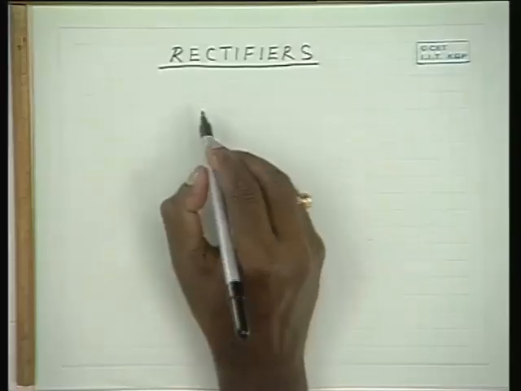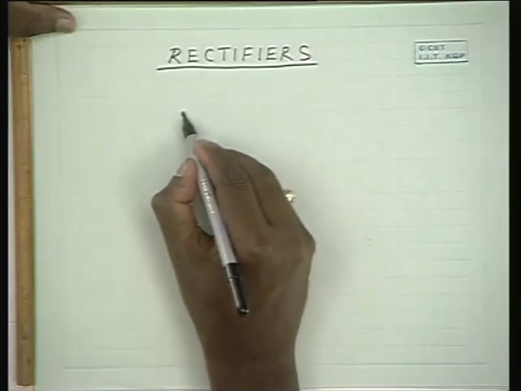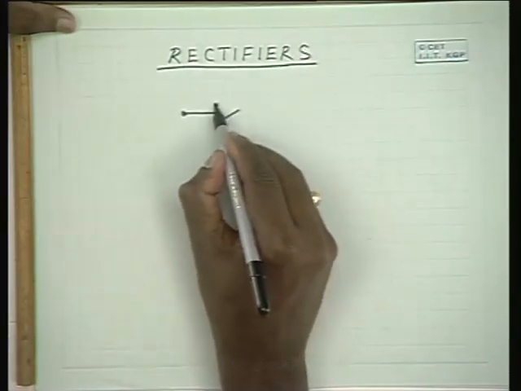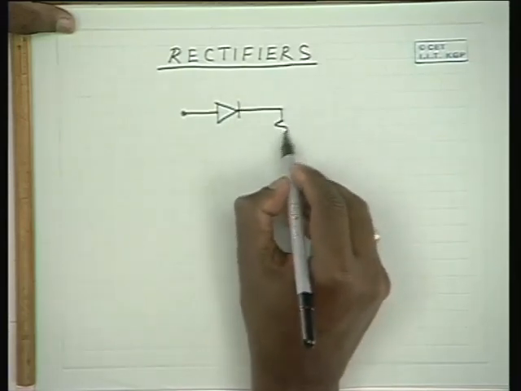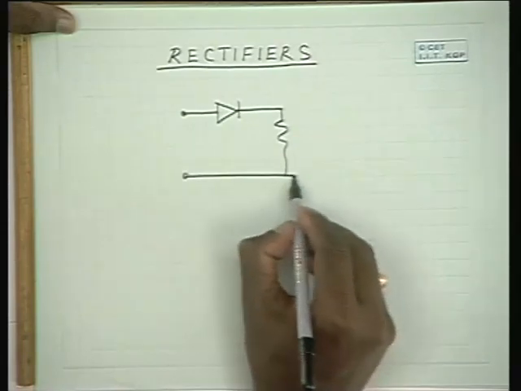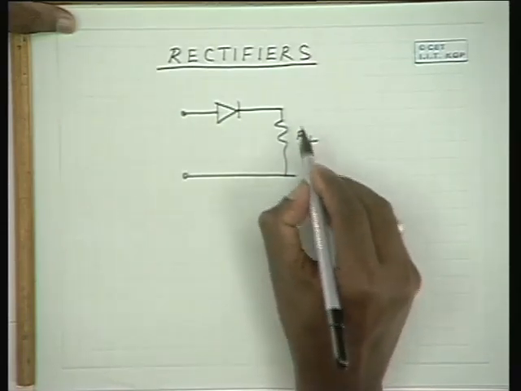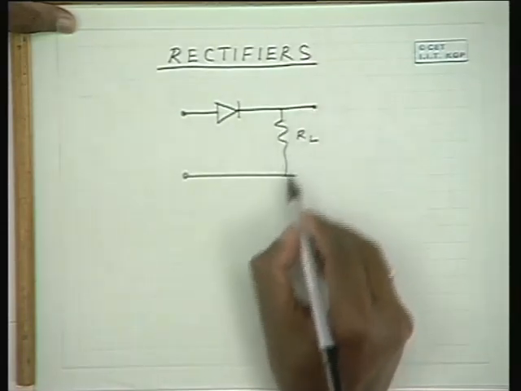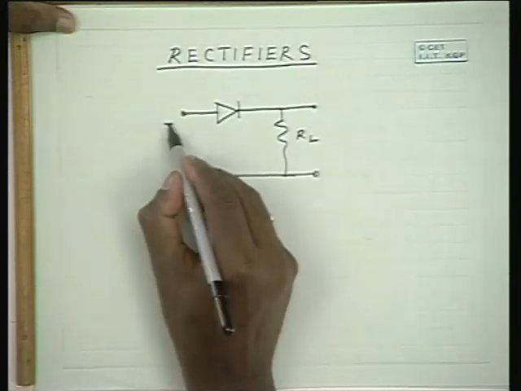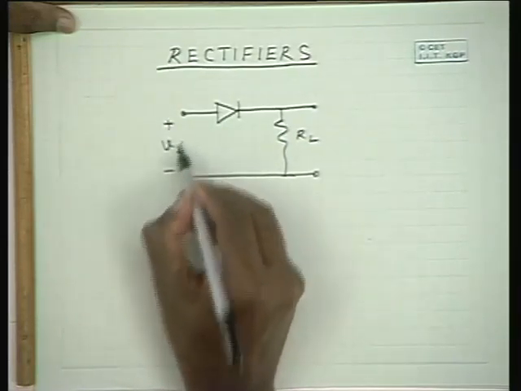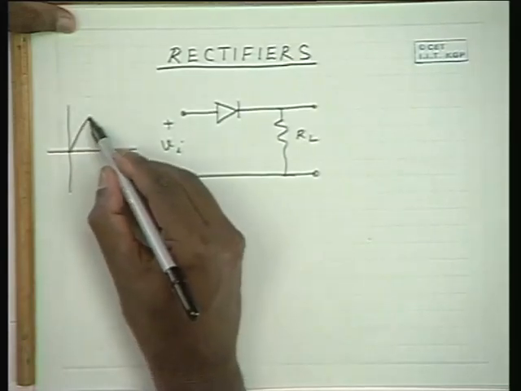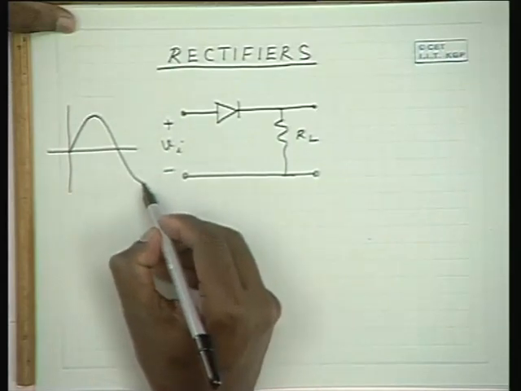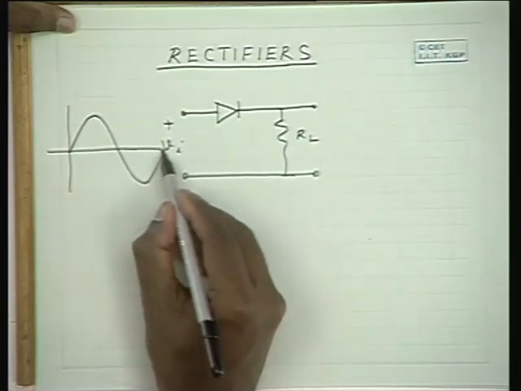Let us see how the diode acts like a rectifier. So we use a diode and the load resistance which we drive is connected in series with the diode, and we apply an alternating voltage here. The alternating voltage is usually a sinusoidal voltage with 50 hertz as the frequency in our country.